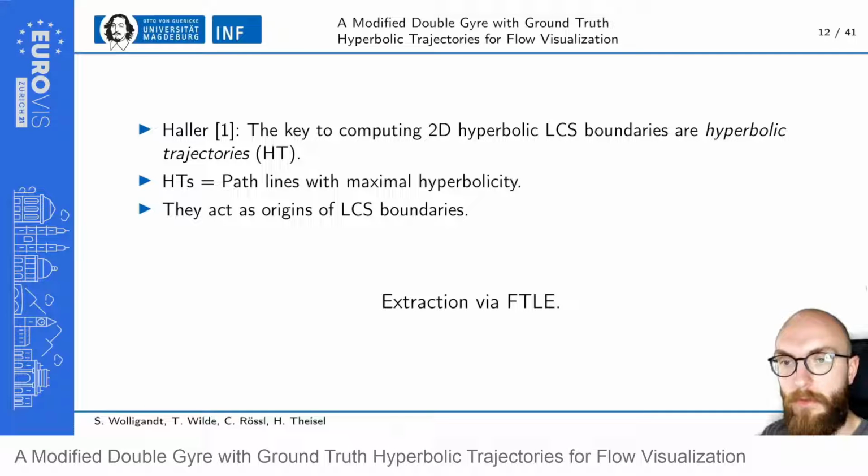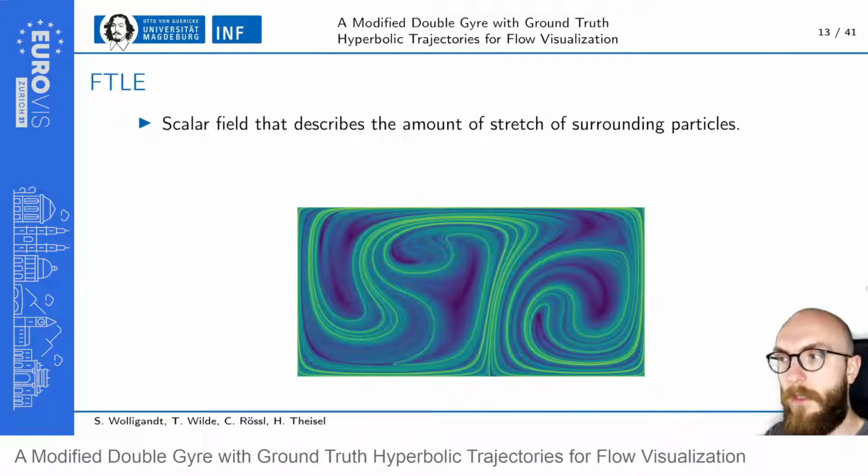One way to extract those hyperbolic trajectories is with FTLE. Now, what is FTLE? FTLE is a scalar field that describes the amount of stretch of surrounding particles. Here you can see in blue regions where the FTLE field has low values. Green are intermediate, and these yellow ridges here have a very high value. Blue means that particles that are seeded here relatively close together will also stay together.